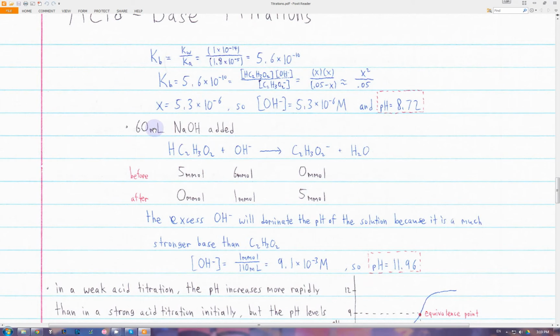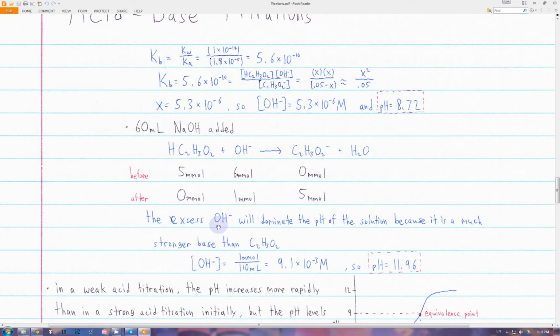So now let's look at one point after the equivalence point. At 16 milliliters added, we have 6 millimoles of hydroxide ion, and in the reaction, the acetic acid will be the limiting reactant. So we have 1 millimole of hydroxide ion remaining, in addition to 5 millimoles of acetate ion.